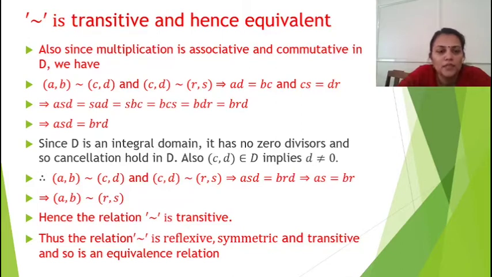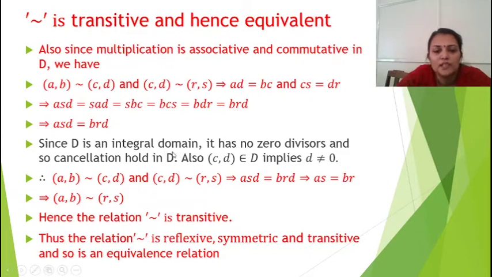So sbc, which we can write as bcs, equals bdr, which equals brd. So asd equals brd, taking the first and last terms.